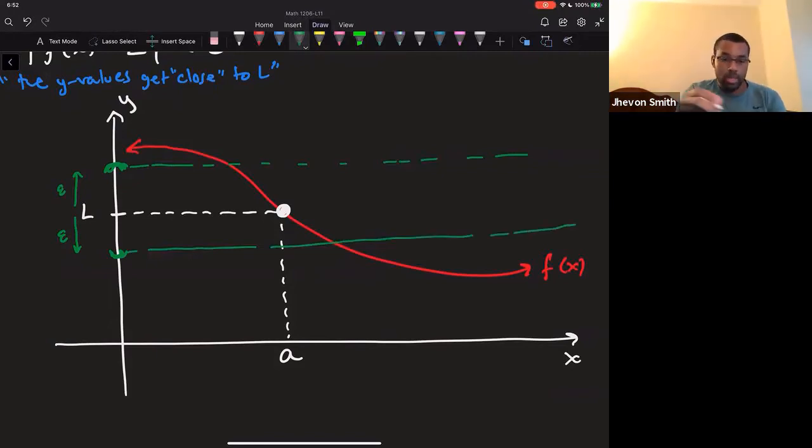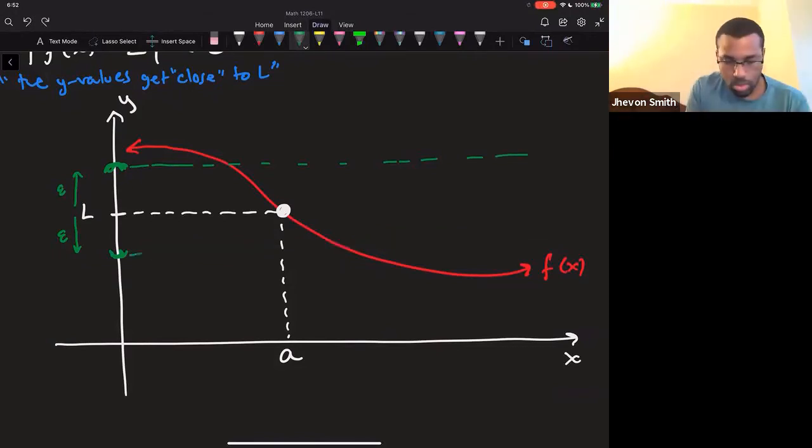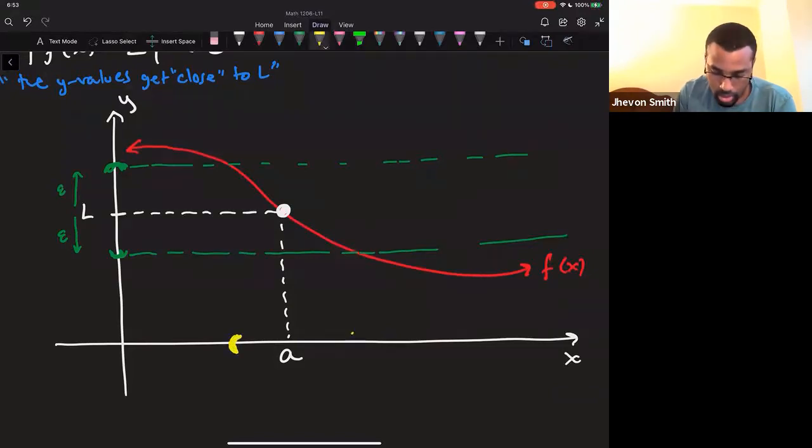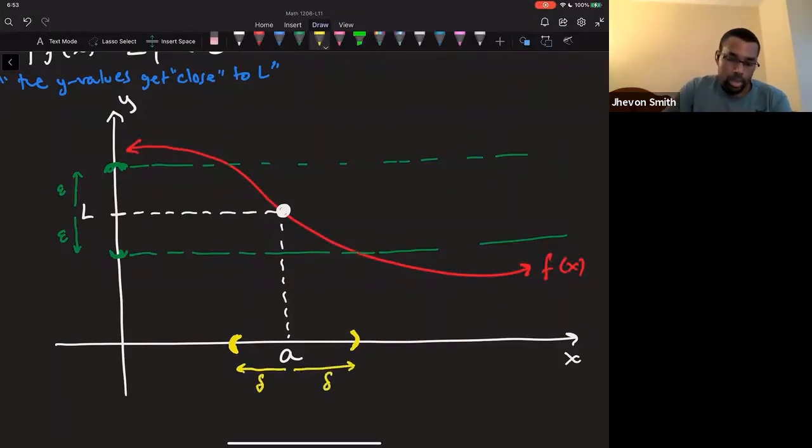So now, as a result of that choice, someone else has to pick another window, right? So they have to pick, say, a window on this side where it's delta units in either direction, such that that window is projected.